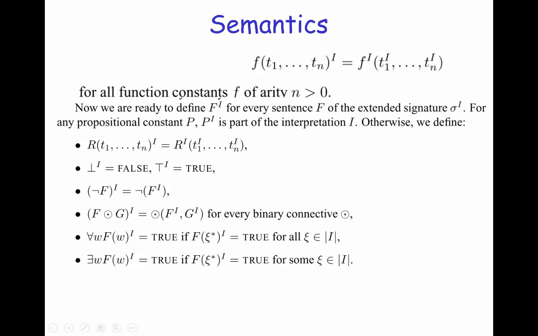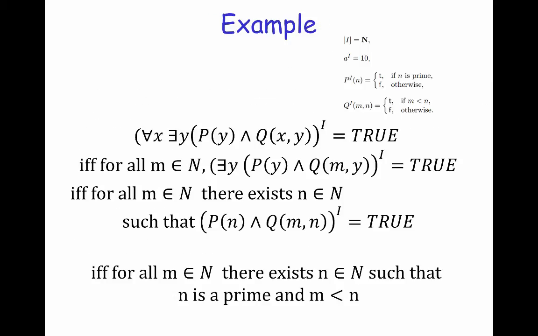All right, so here is a simple example. Let's just recap. This is our interpretation. You have to fix the interpretation to determine whether the formula returns true or false. So for all x exists y, P(y) and Q(x, y).